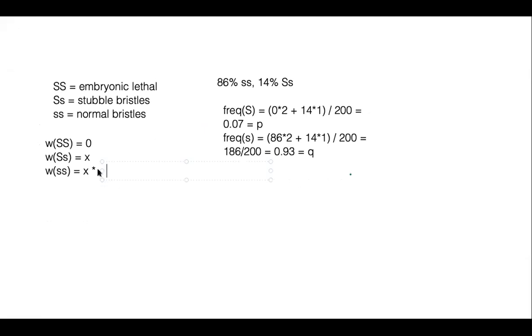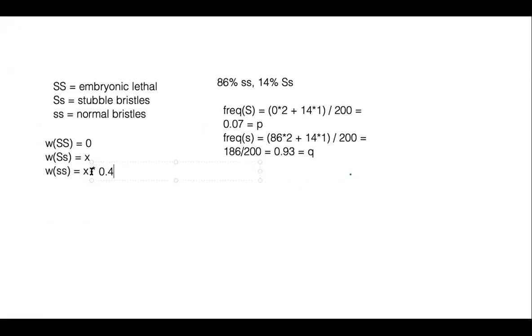So we have to calculate their fitness as X times 0.4. So X is the probability that a fly survives whatever other sources of mortality there are.